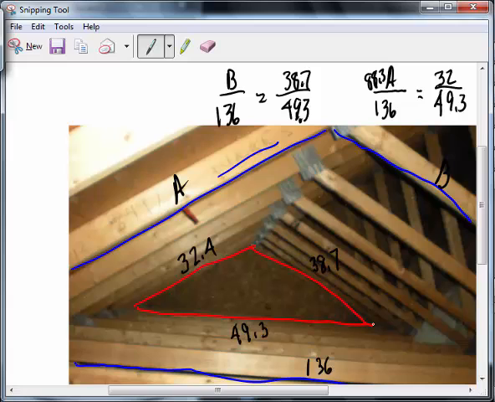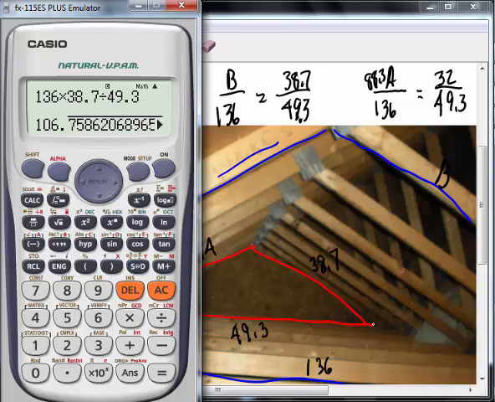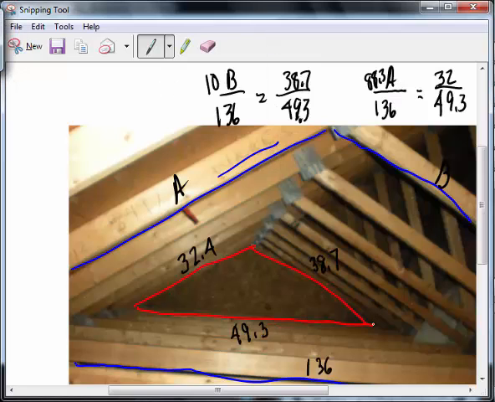Okay, let's do the other one. 136 times 38.7 divided by 49.3, 3 sig figs in each answer, and so we get 107. So that's how you do that one, which is like number 5.